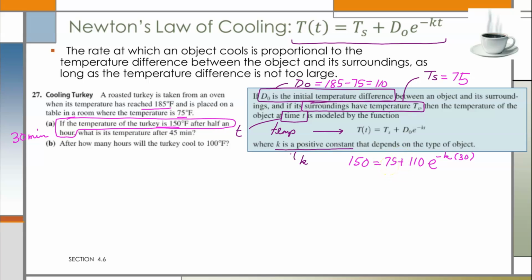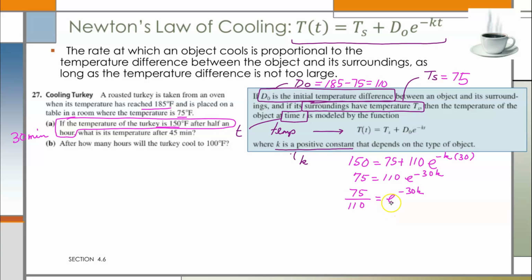If I subtract 75 over here too, we get 75 is equal to 110 e to the negative 30k. To move the 110, since this is a multiply, we're going to divide. So we have 75 divided by 110 is equal to e to the negative 30k.